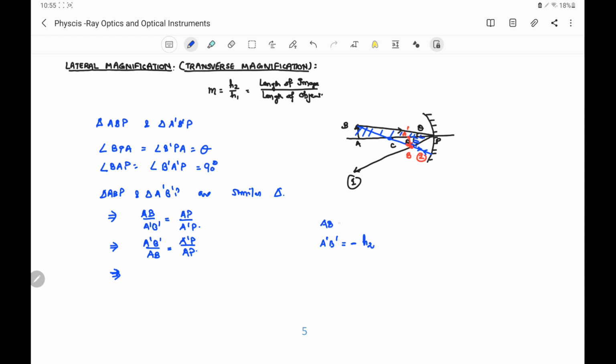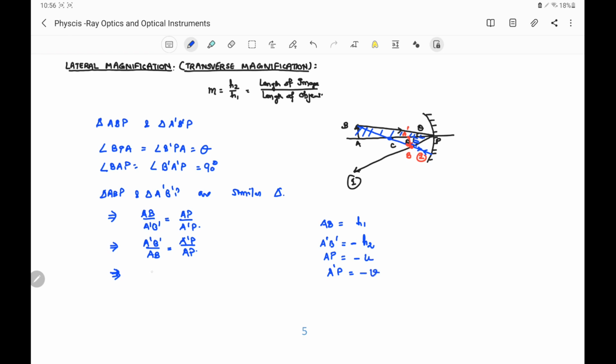AB is the length of object, it is above the principal axis, so taken positive, it is h1. AP is the distance of the object from the pole on the left, and it is on the left hand side, so it is minus u. And A dash P is the distance of the image from the pole and is on the left hand side, so it is minus v.